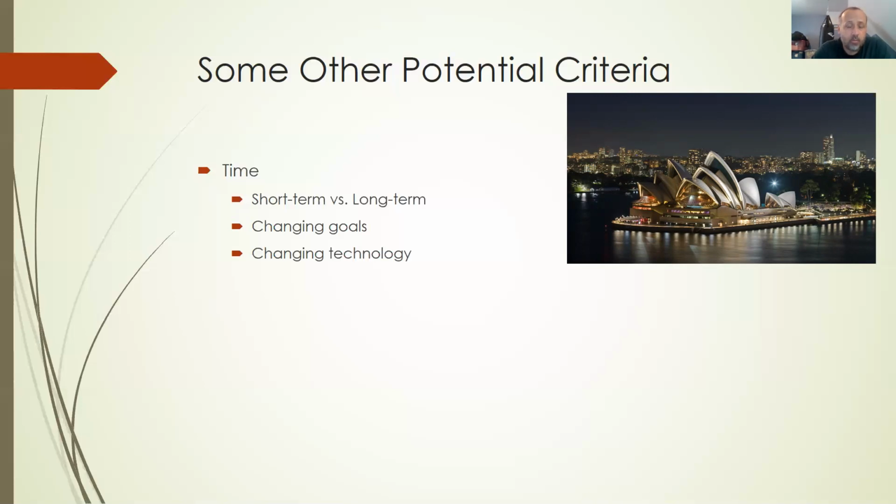Technology is another part of time. And a lot of this idea of climate change adaptation is assuming that the technology is going to become available, largely through market forces or government investment.